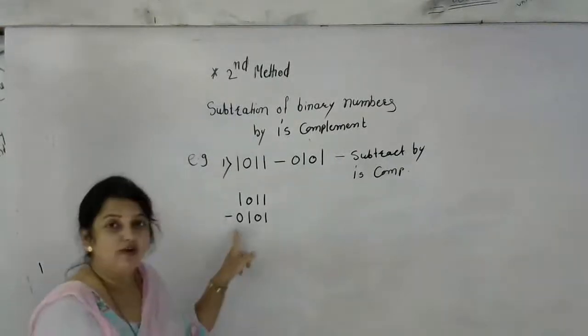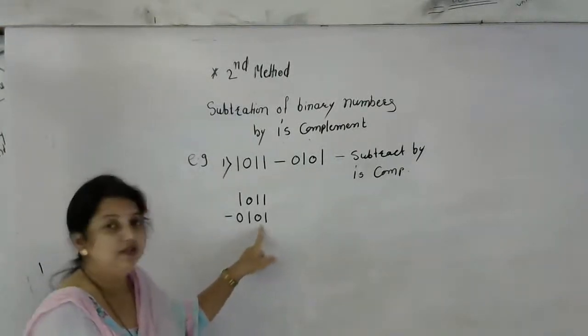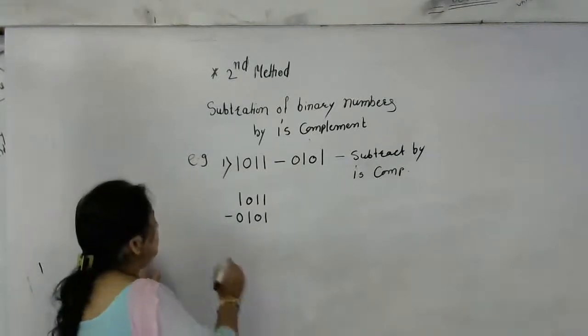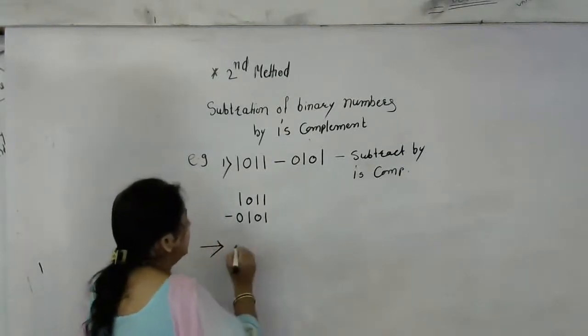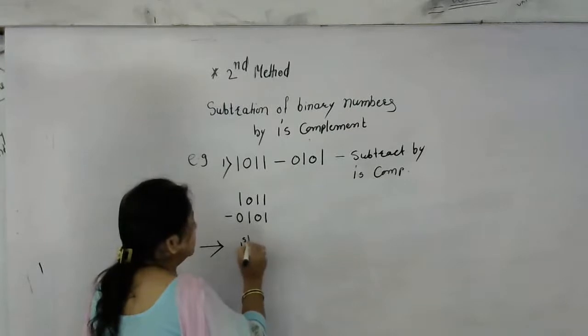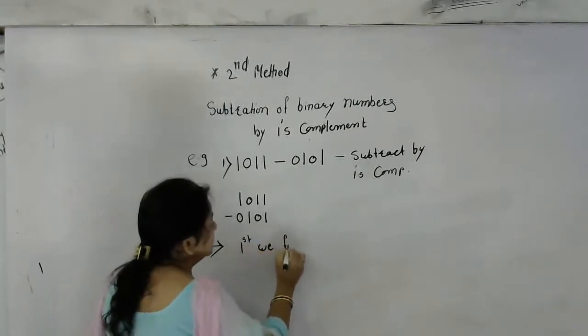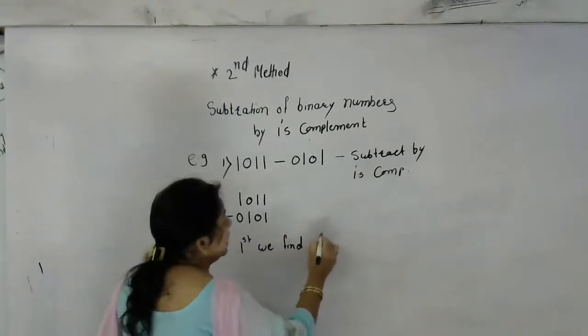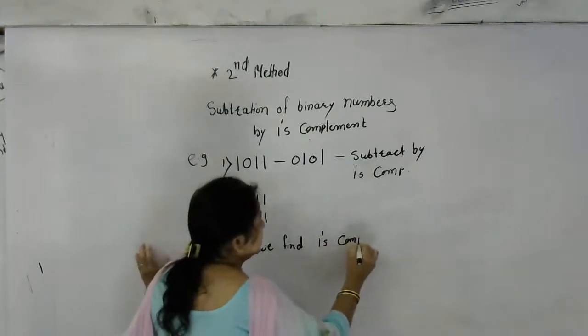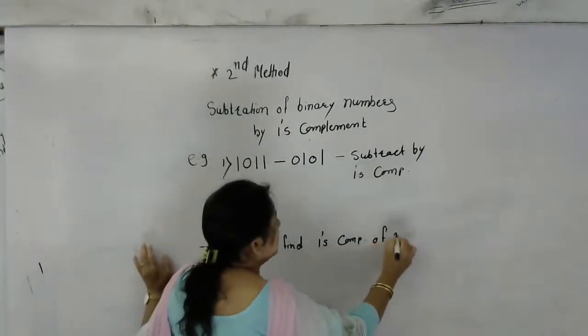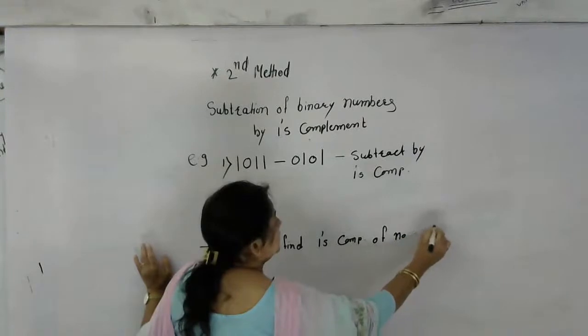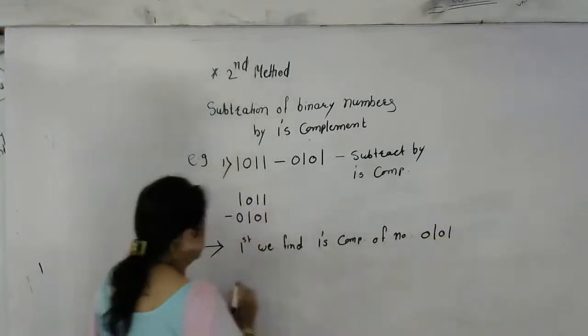So 1011 0101. In step 1, first we find the 1's complement of the number 0101.